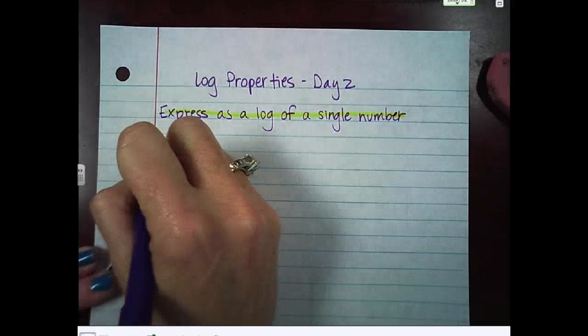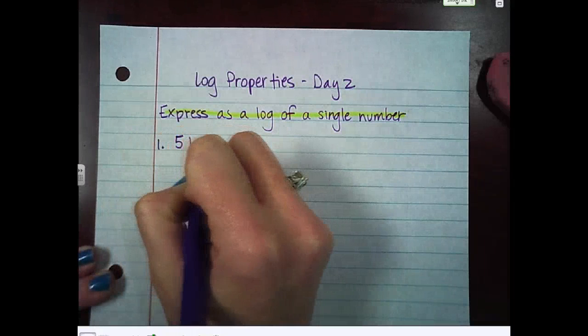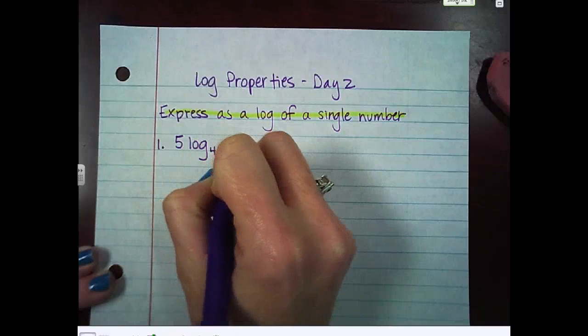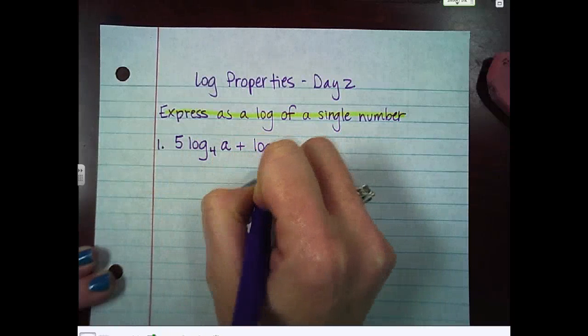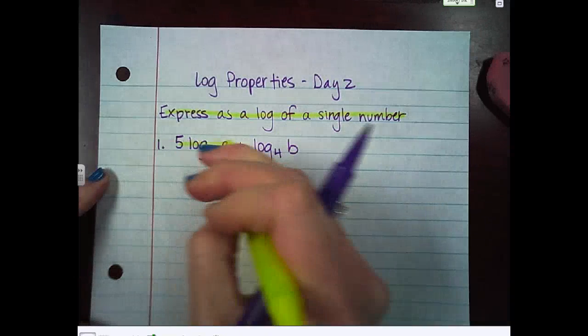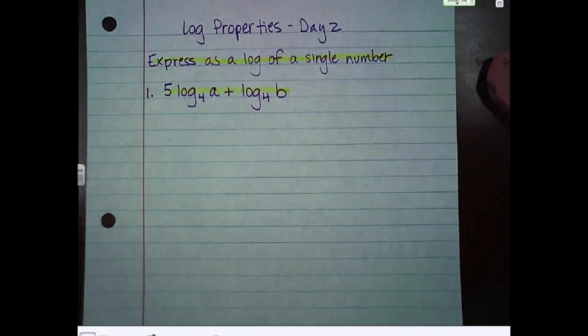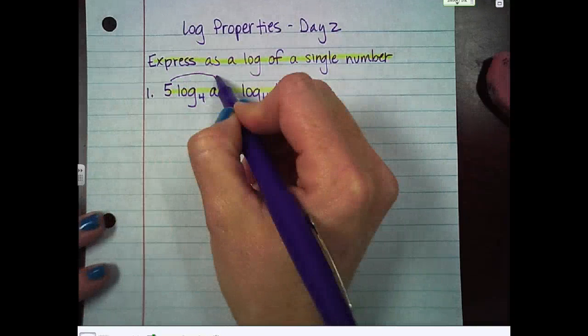And a review from yesterday would be if I told you 5 log base 4a plus log base 4b. And the property we talked about yesterday is plus means you multiply, right? And if you have a number in front, it turns into an exponent.